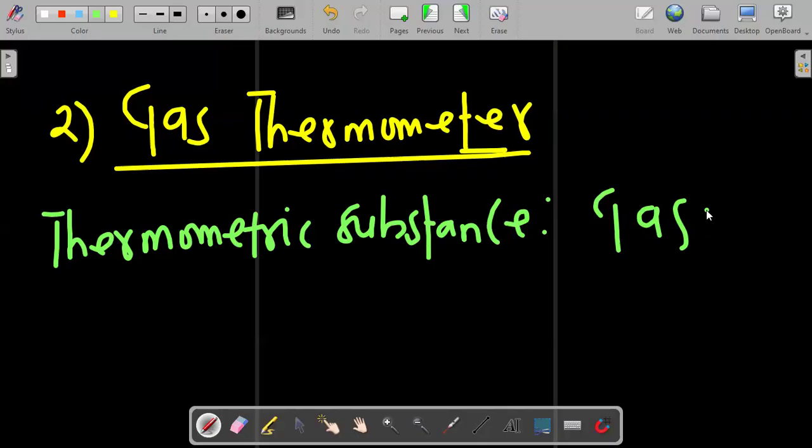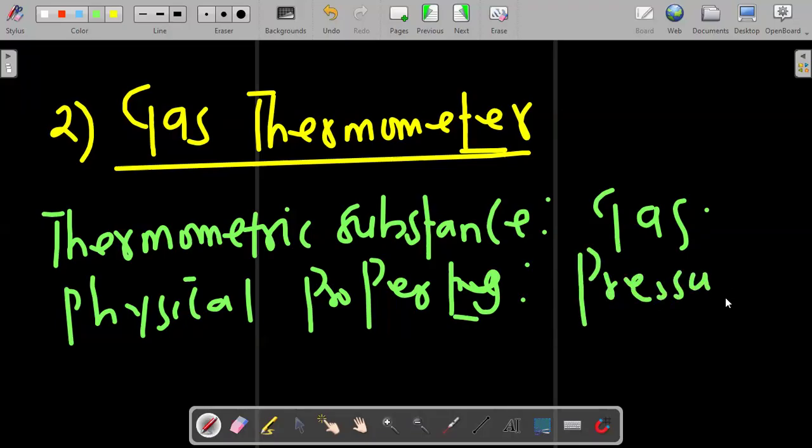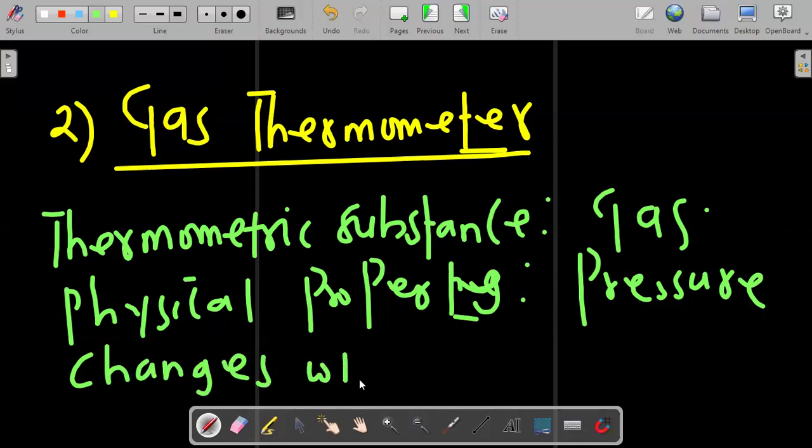Yes, so all you have to do is write the physical property: pressure changes with temperature.